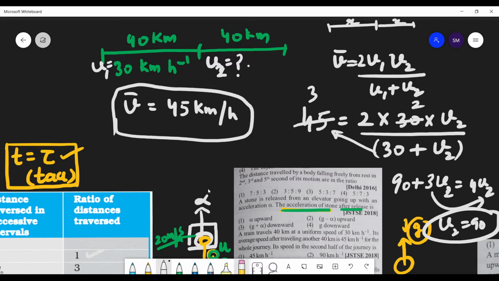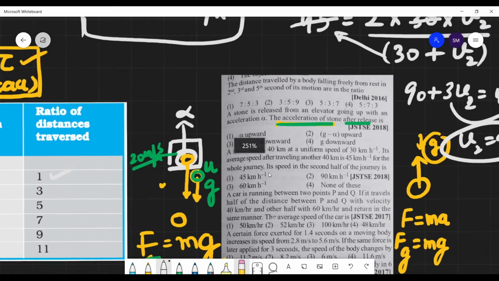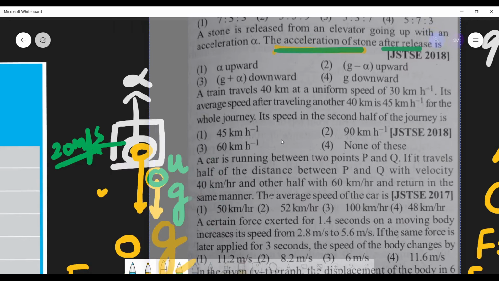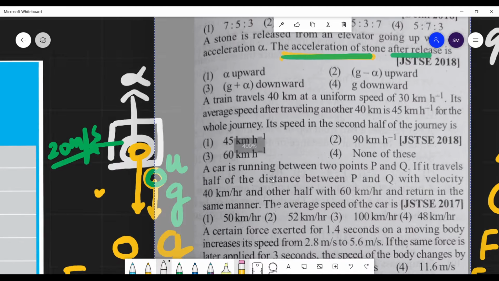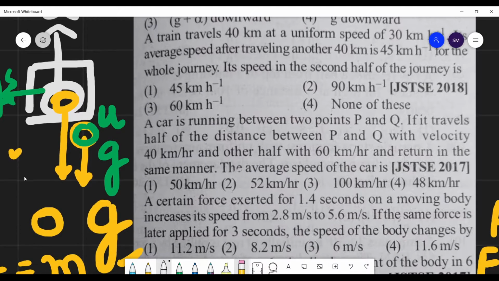Okay, there is another question, a similar kind of question.